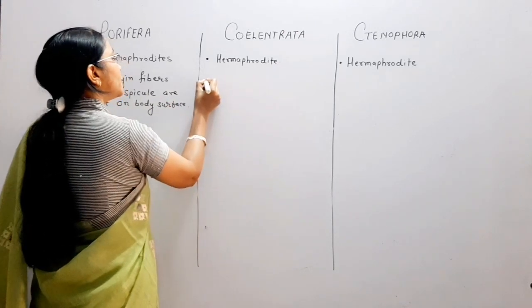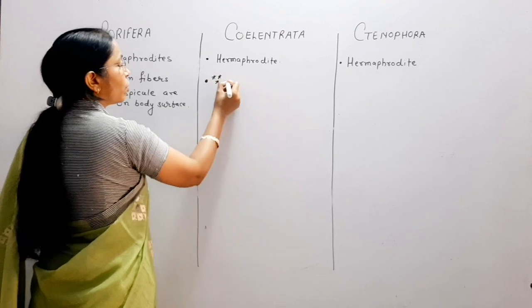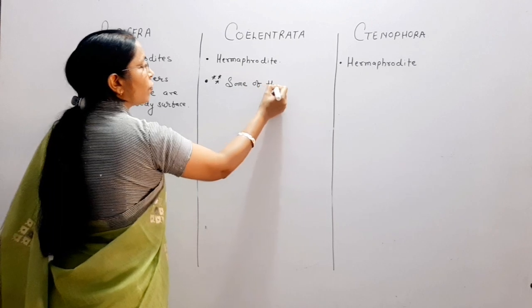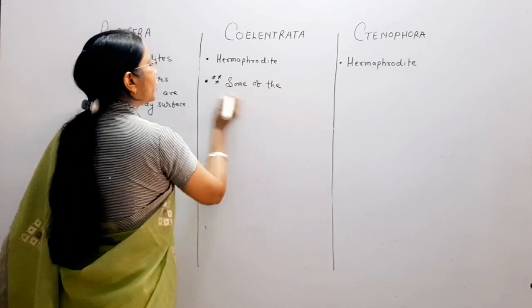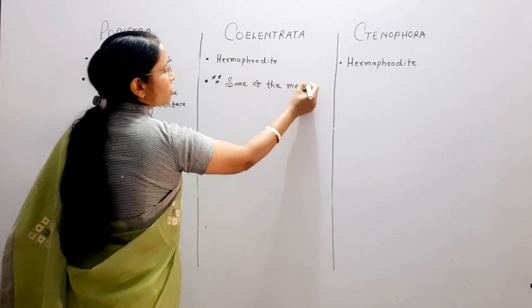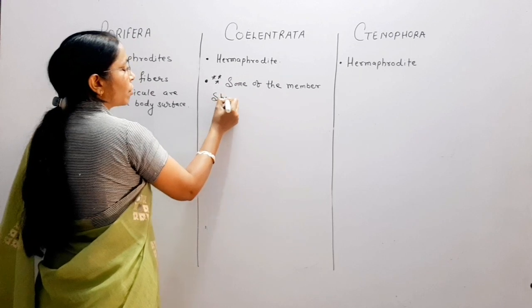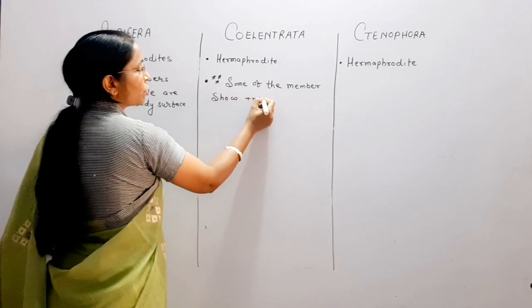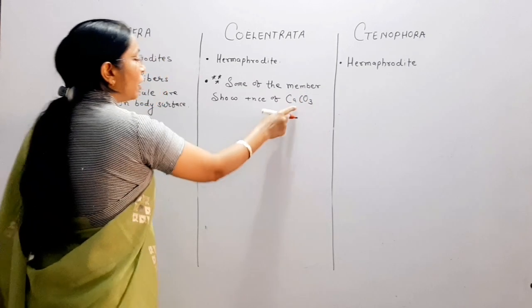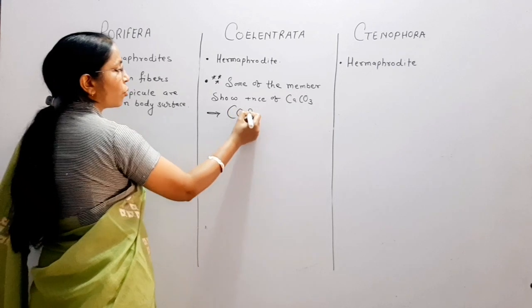So remember this part for exoskeleton. In coelenterates, some members show the presence of calcium carbonate in their body wall. Some members exclusively show the presence and deposition of calcium carbonate, and because of that they lead to the formation of corals.